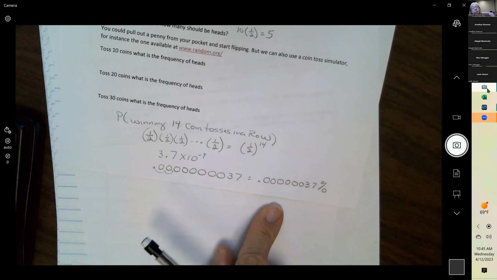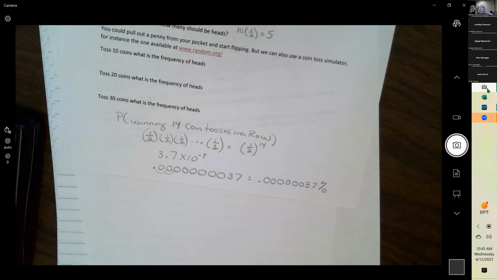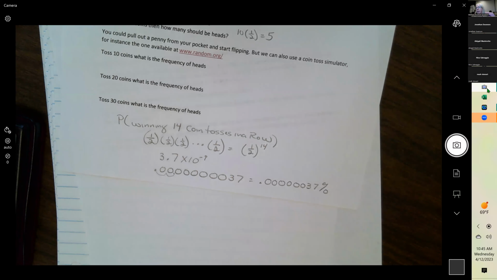It's very unlikely. So after the first team had hit, I think it was 10 times, the people were betting more on whether they would win the next coin toss than the game. Because the probability was so unlikely that people were making bets on it.